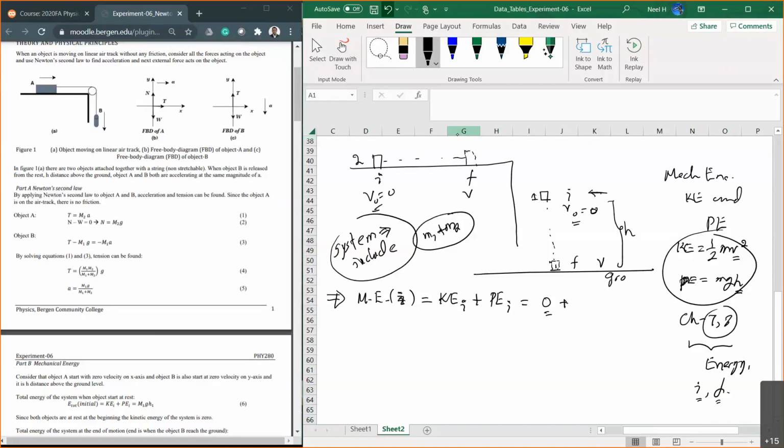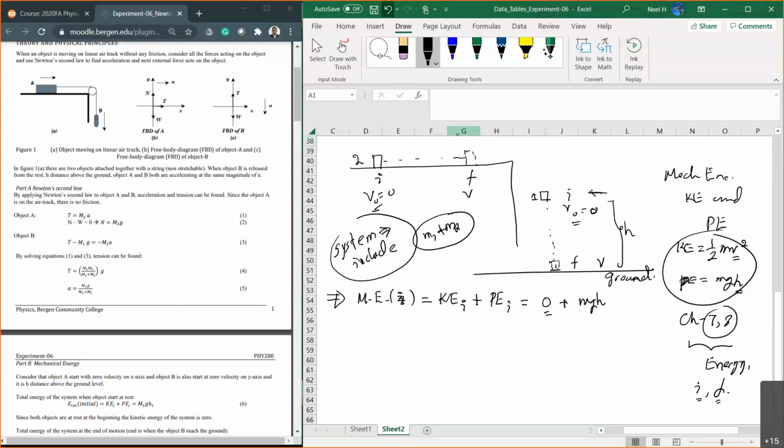So object number 1 is definitely going to change its potential energy. We can say object number 1 has a potential energy of mgh when it is starting, but we can neglect any potential energy of object number 2 because the final point and the initial point are on the same level.